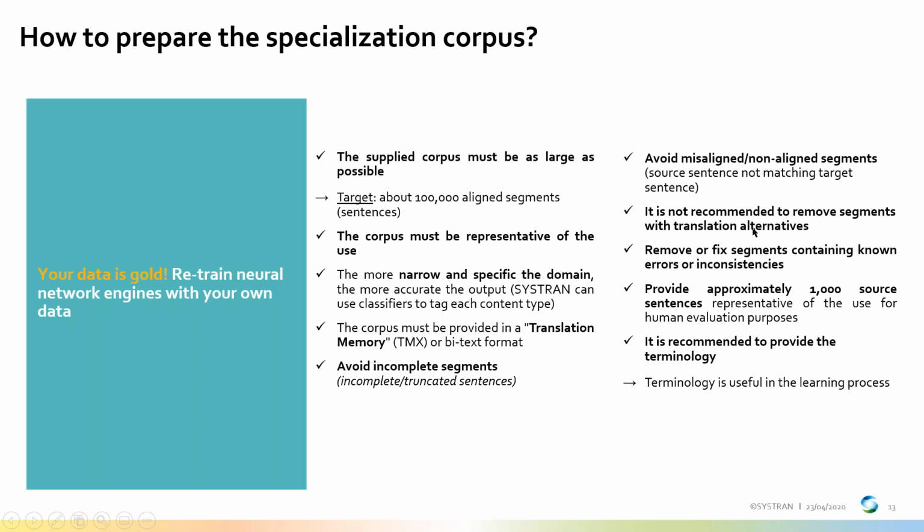On the opposite, it's not recommended to remove segments, so sentences with translation alternatives. When you have one source which can be translated many ways, it's really good to have these alternatives in the translation memory, as it will tell the system a lot. It's actually very valuable information for the engine.